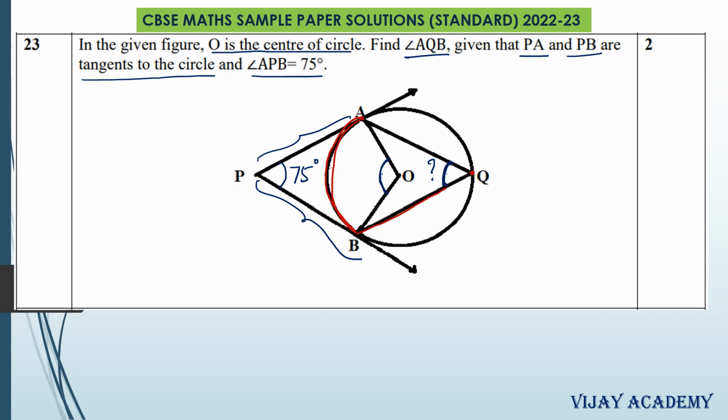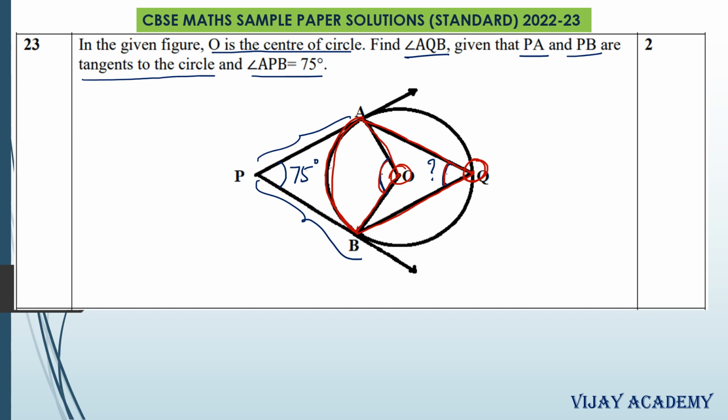Angle AQB is subtended by the arc AB at a point on the circle, that is Q. And angle AOB is subtended by the same arc AB at the center of the circle. O is the center of the circle.